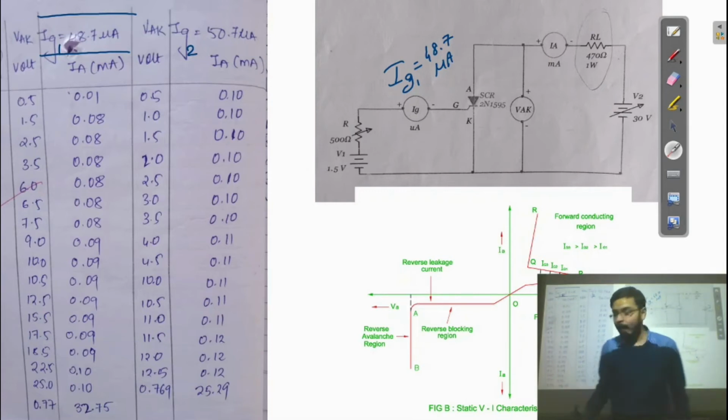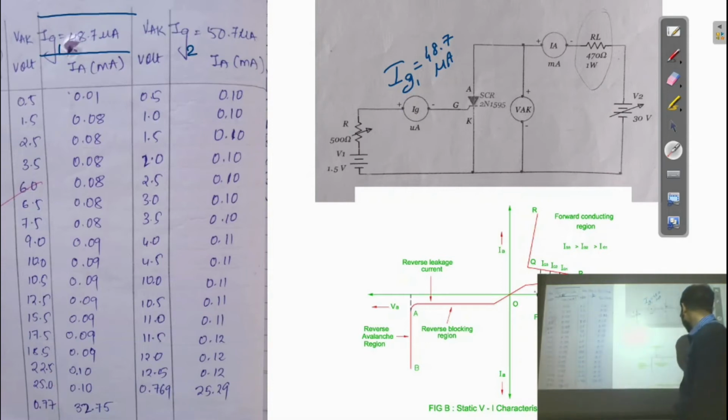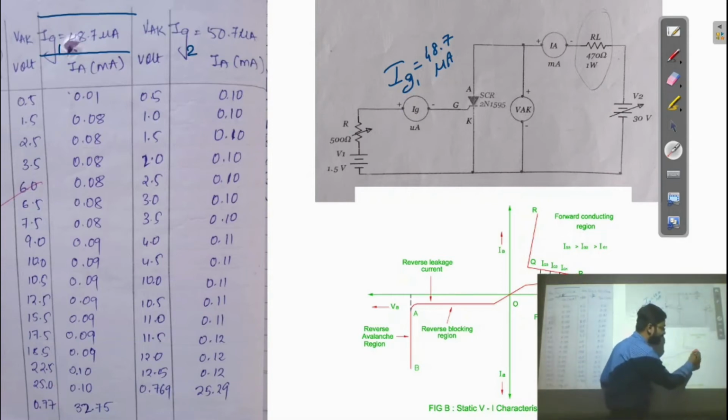Now, the moment you increase the VAK voltage greater than 25 volt, that is 25.1, this will try to come over this point. Why? Because SCR is in conduction state. And as the SCR is in conduction state, we have seen in the graph that this VAK decreases.